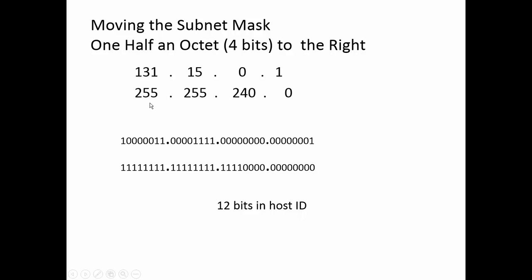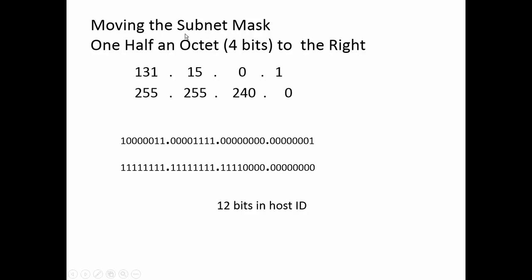So let's look at an example of moving the subnet mask only 4 bits to the right. Originally we have 16 bits, and then we add 4 more bits. These 4 bits can now be used to assign subnet ID. And it still leaves us with 8 bits in the host ID, and that's 4,000 potential IP addresses.